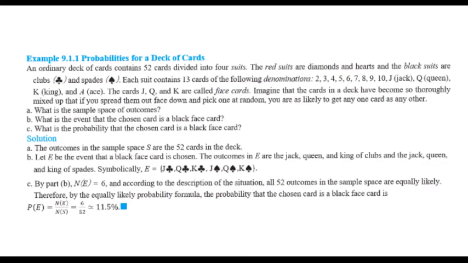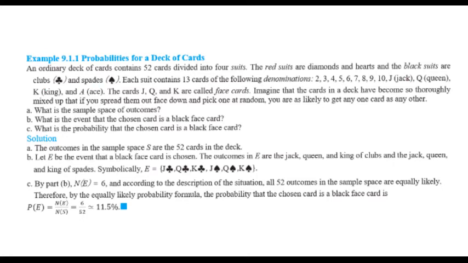Okay, so now let's see an example of the book. Example 9.1.1, probabilities for a deck of cards. An ordinary deck of cards contains 52 cards divided into 4 suits, right? The red suits are diamonds and hearts, and the black suits are clubs and spades.